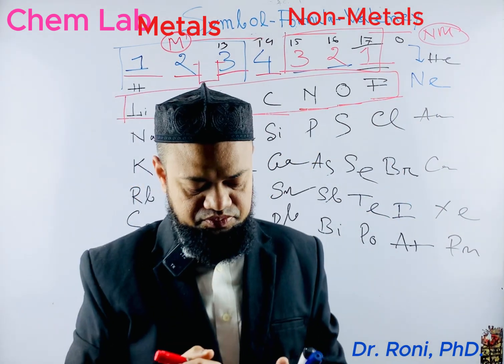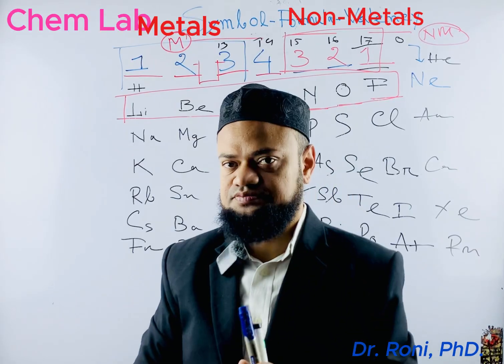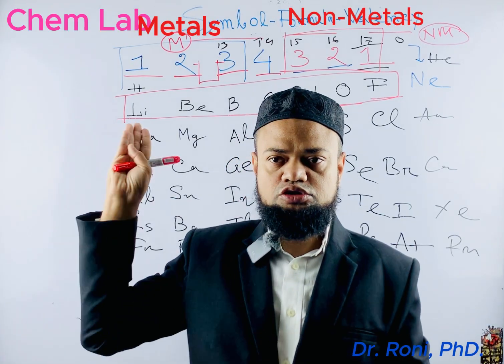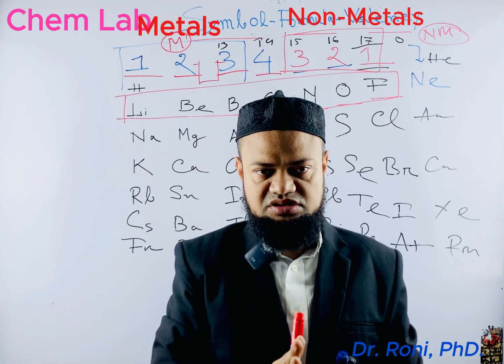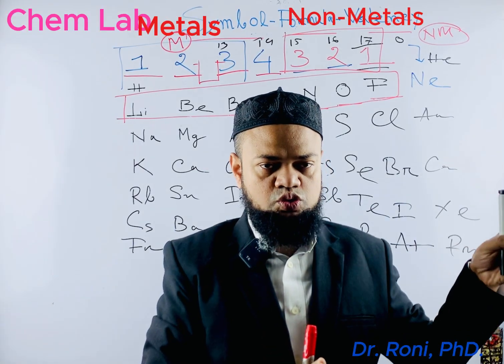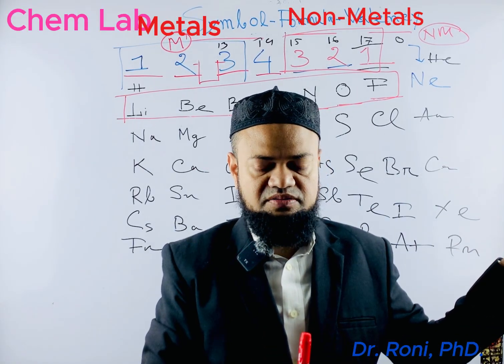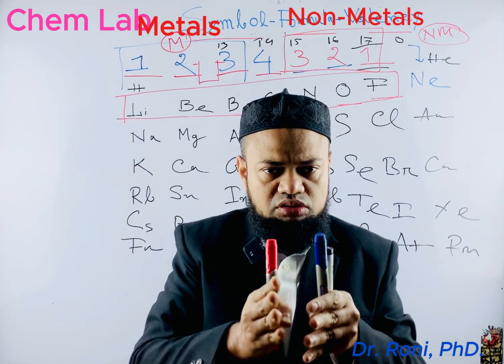So let's check it out. 1, 2, 3, metal. 4. After that, 3, 2, 1, non-metal. So what about the 4? 4 is in between metal and non-metal.